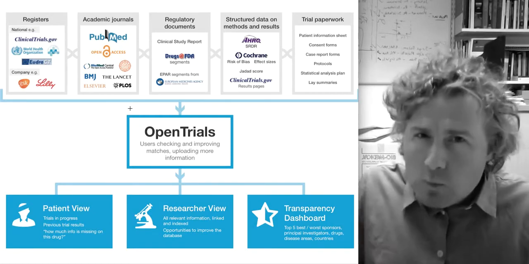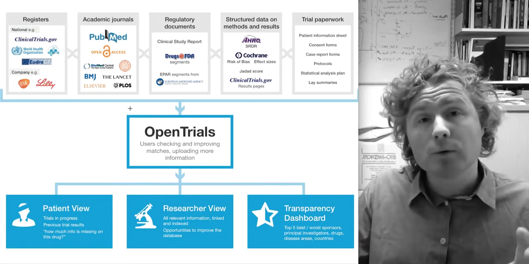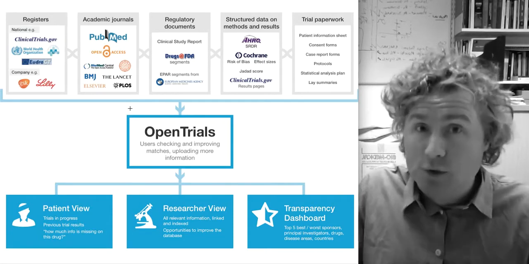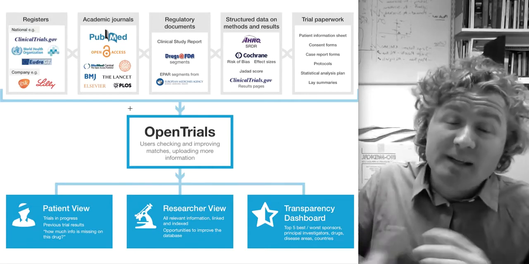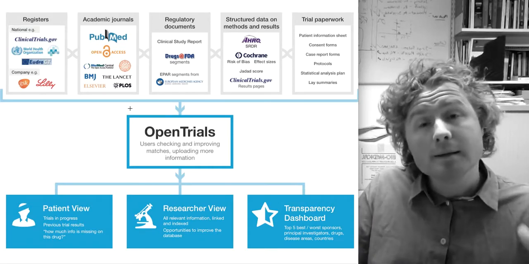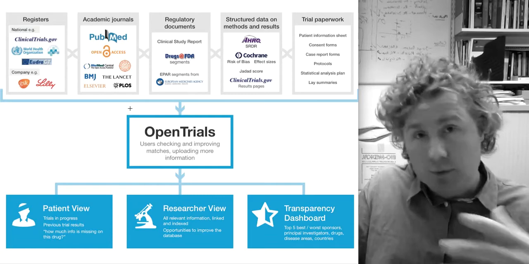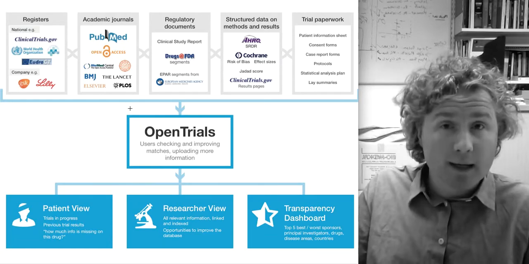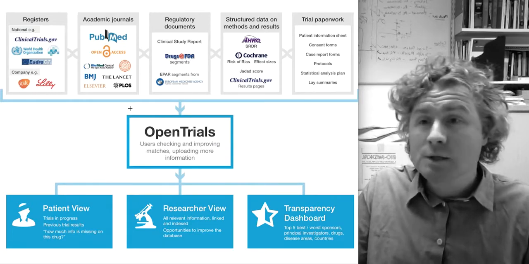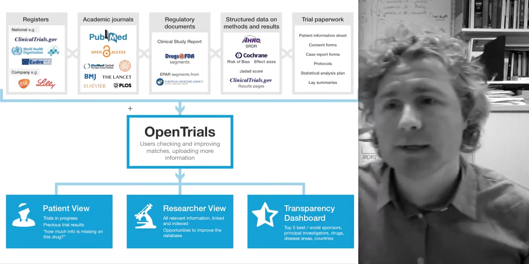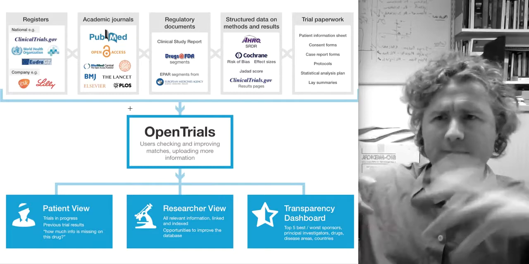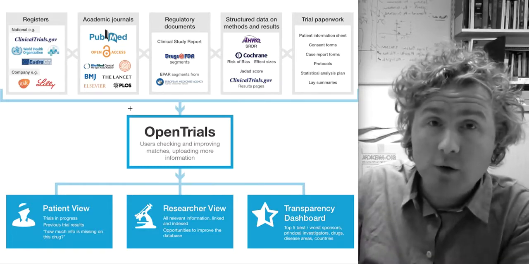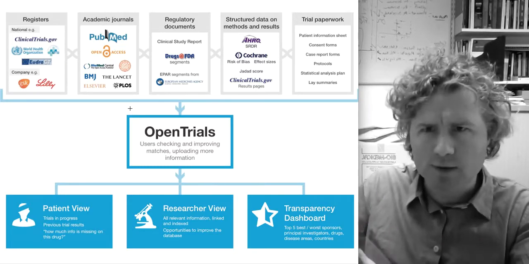To explain a little bit more about what this means, and also about how we're planning to initially populate this database and how we're going to present it, I think it makes sense first of all to go through the kinds of data and documents that we're going to be sucking in and matching up together. Let's do a very quick overview. We're looking at matching up, first of all, the registry entries on trials, deduping those and spotting discrepancies.